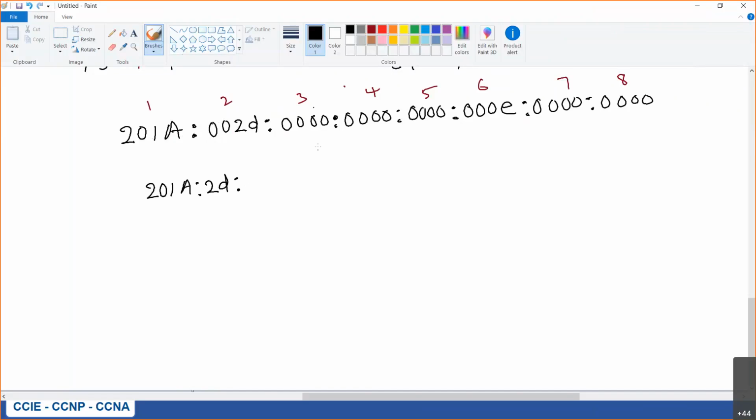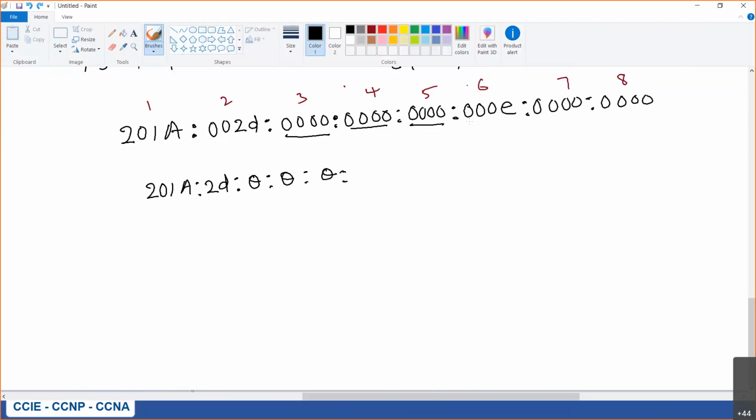In the third field we have 4 successive zeros, substituted by a single 0. 0 colon 0, again 4 successive zeros, colon, again 4 successive zeros, 0 colon. In the sixth field, do they have 4 successive zeros? No, we have only leading zeros, right?